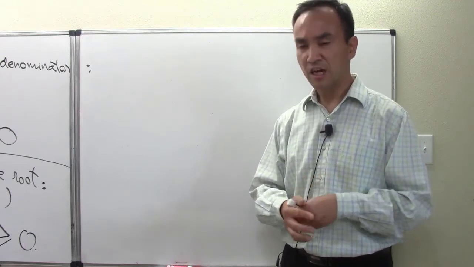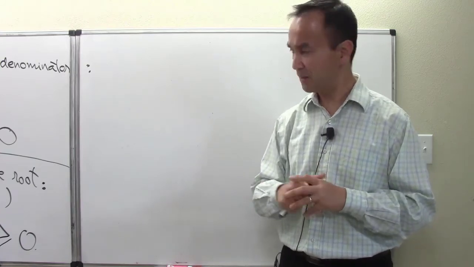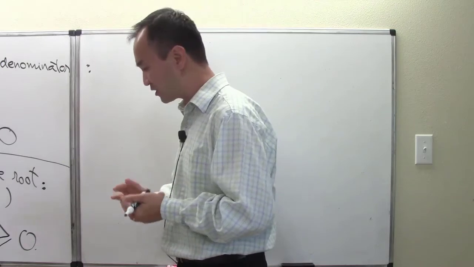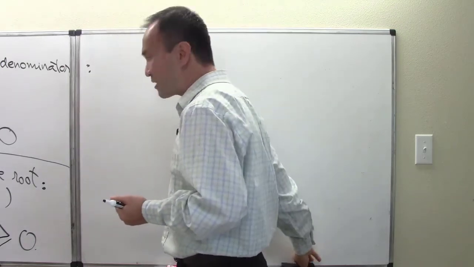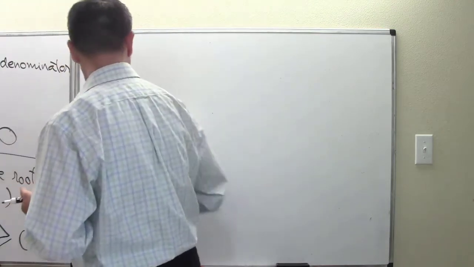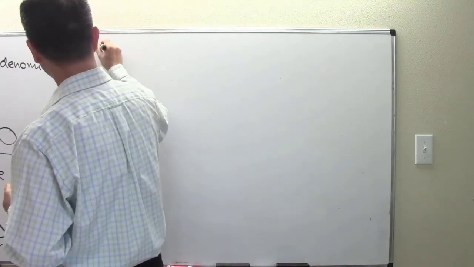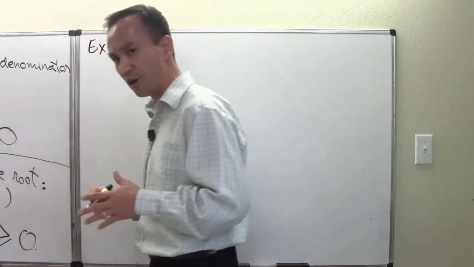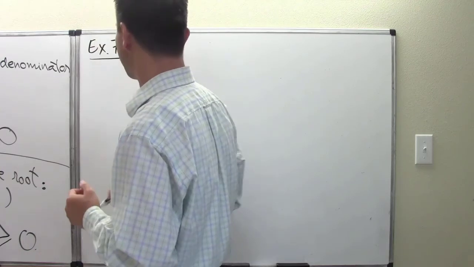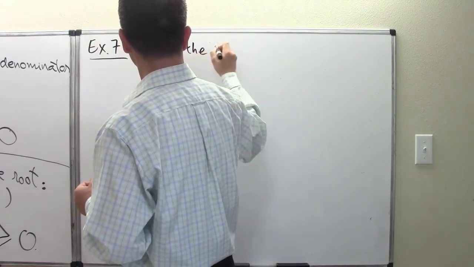So let me take you into example number 7, where we can see how those advices can be applied. Example 7 is another example where we are focusing on finding the domain of a function. So let's find the domain.